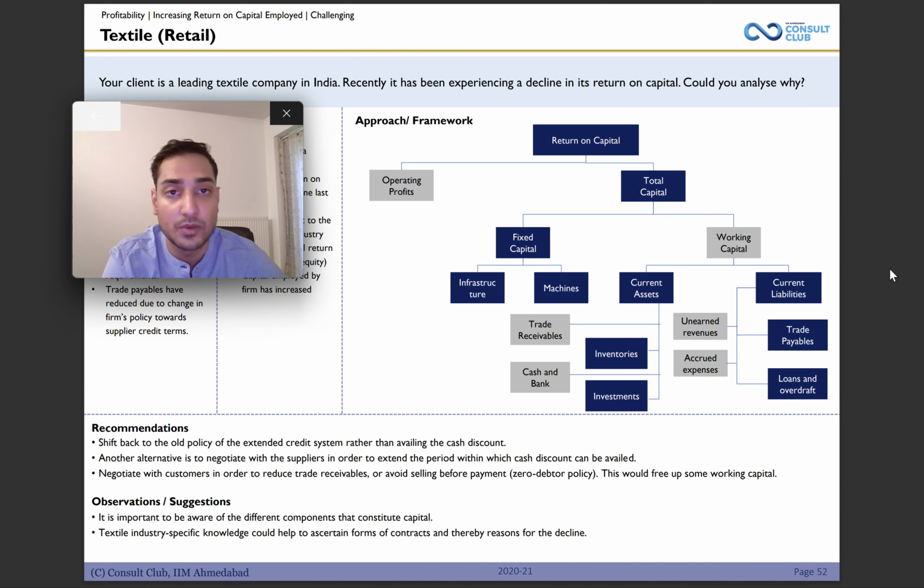So this is one of the most important parts of your notes, where you have structured the problem, which gives the interviewer an idea of how well, in a structured way, you can think. So the return on capital is divided into operating profits and total capital. We are told to focus here. It was divided into fixed capital and working capital.